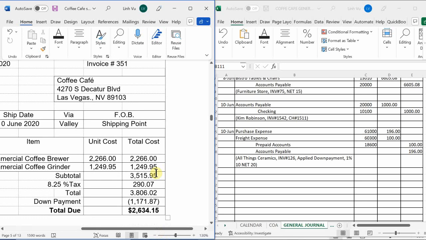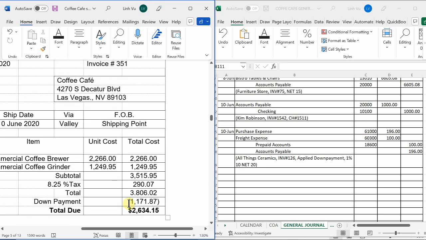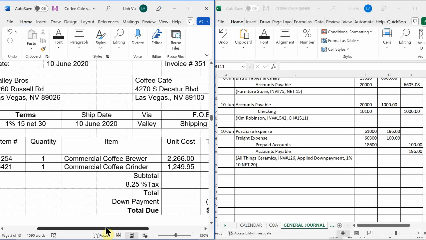You got taxed $290.07, and here's your down payment. Once again, it applied for that $1,171.87. So therefore, you owe $2,634.15 to Haley Rose. So, how do I record this?